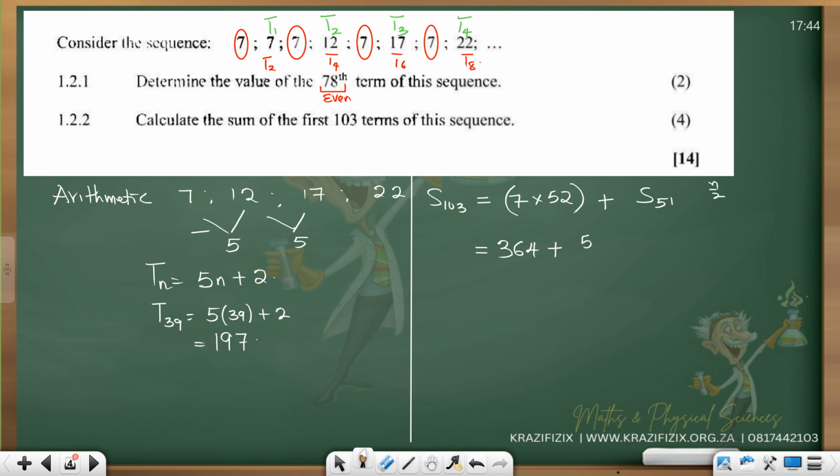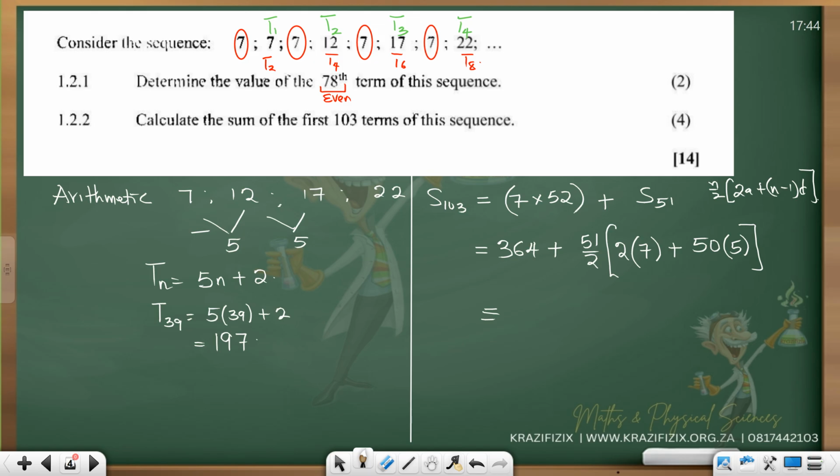N over 2, remember? 51 over 2 into 2 times the first term of the arithmetic, 7, plus 50 multiplied by D. Do you know where my 50 came from? Just use the formula. N over 2, 2A plus N minus 1 D. Since I am working with 51 terms, it's 51 minus 1. That gives me 50. My common difference is 5. Please put this in a calculator for me, and we are done with that.